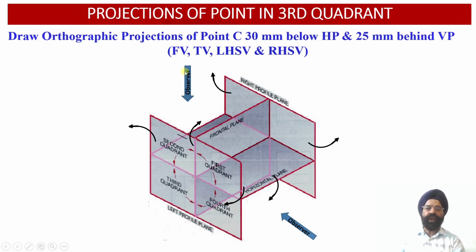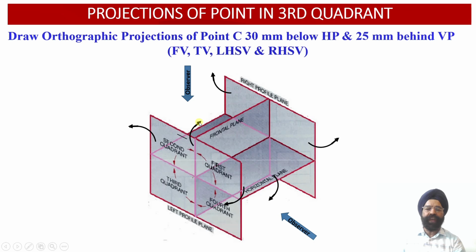Similarly, when we look at the object from the top view orientation, the top view projection of the point will be obtained onto the horizontal plane behind this vertical plane. Since this horizontal plane top view projection and this vertical plane front view projection lie in mutually perpendicular planes, we are going to rotate this portion of the horizontal plane which lies behind the vertical plane in the clockwise orientation.